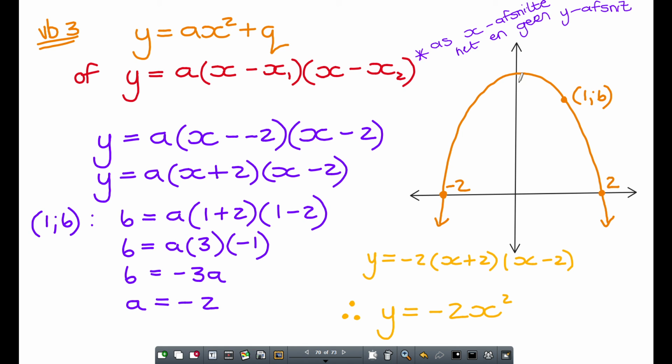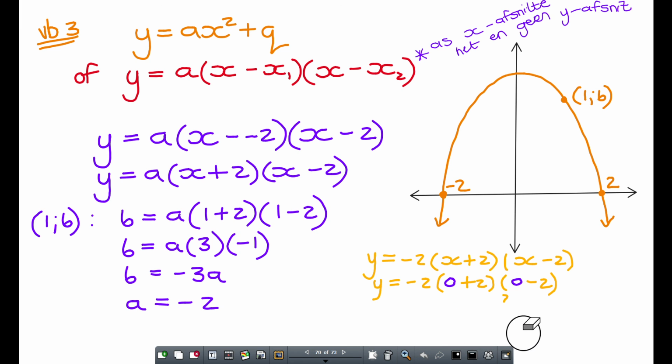En dan by my y afsnit, at my y-intercept, how much is x? No. Okay, so that's what we're going to do. We're going to say y is equal to minus 2. And then instead of x, I'm going to say 0 plus 2 and 0 minus 2.